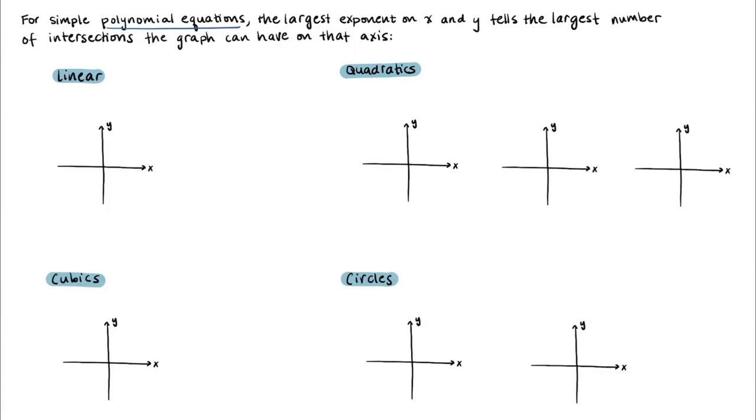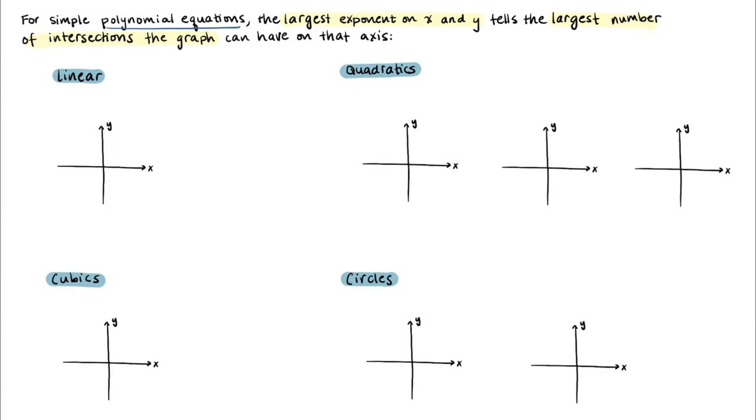The largest exponent on x and y tells you the largest number of times that the graph can intersect certain axes. The largest exponent on x tells you the largest number of intersections the graph can have on the x-axis.